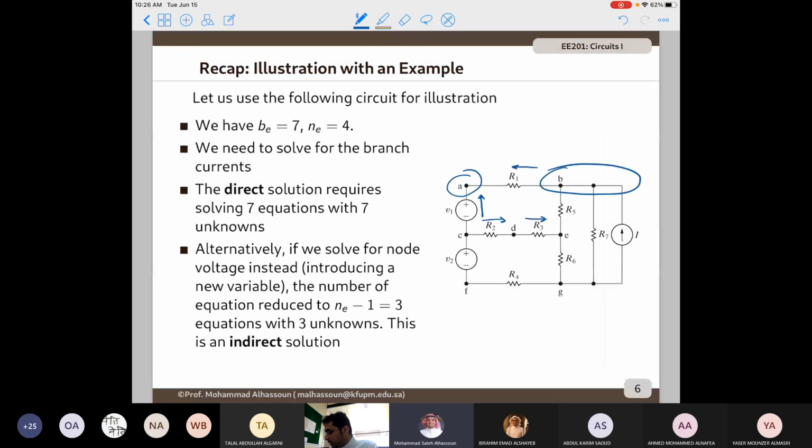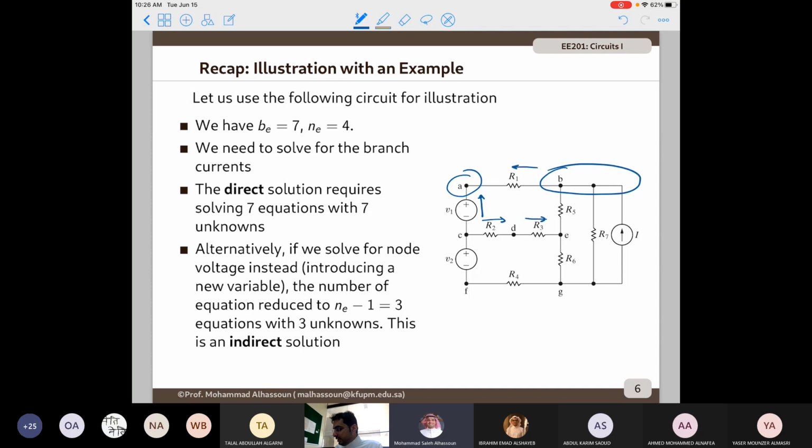In this case, we have 10, and we need to find the current in each one of them. So this would require solving a 10 by 10 matrix, or 10 equations with 10 unknowns. The inversion of a 10 by 10 matrix is not straightforward. You cannot use most calculators, and you definitely don't want to invert the matrix using hand calculations.